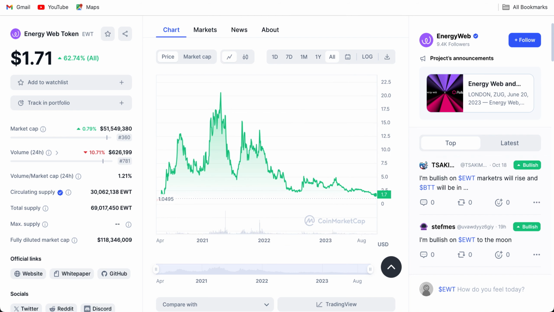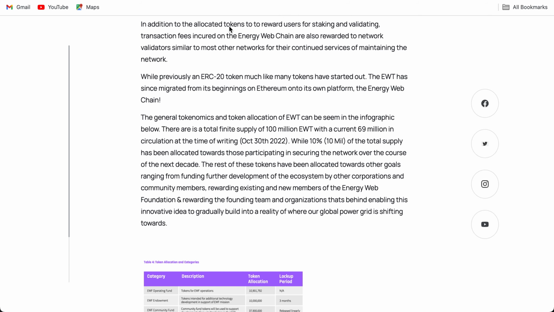Okay. So guys, let us check a bit of the tokenomics as well. In addition to the allocated tokens to the reward users for staking and validating, by the way, this article is from Tokenizer. I really like his work, so shout out to him. Transaction fees incurred on the Energy Web chain are also rewarded to network validators, similar to most of the networks, for their continued services of maintaining the network.